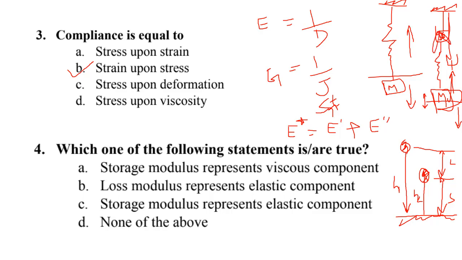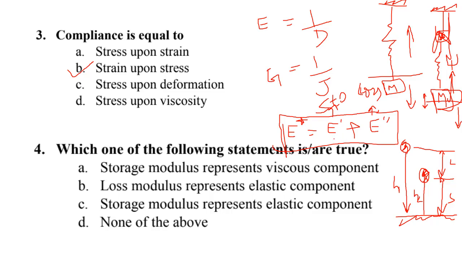So the complex modulus is written like this. Coming to the question, it is written like this, and E star is equal to E dash plus E double dash. So E dash is the storage modulus, and E double dash is the loss modulus. Sorry for my writing, it is very bad. So storage modulus represents the elastic component.